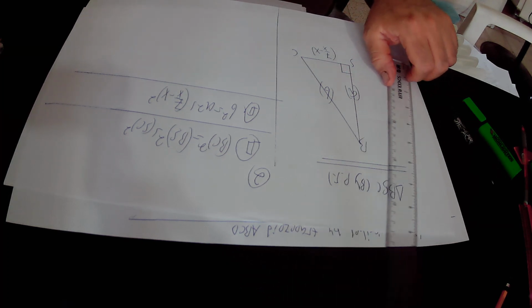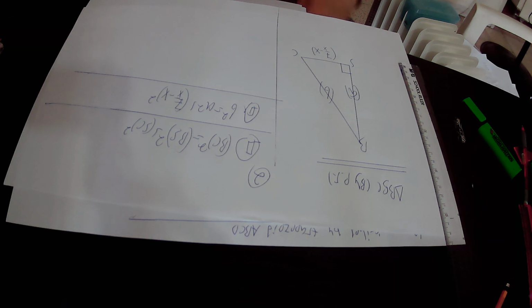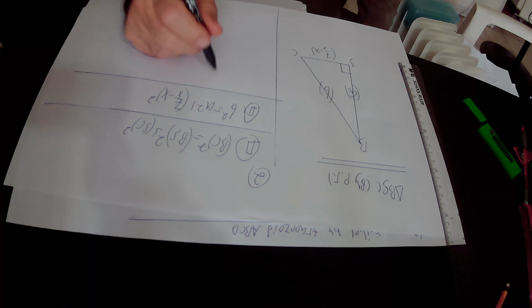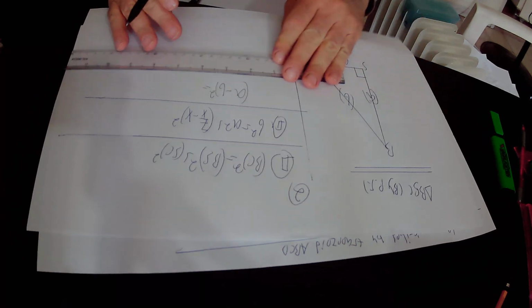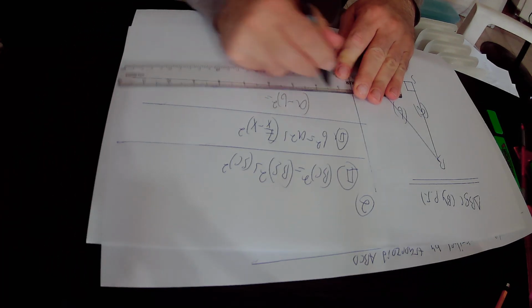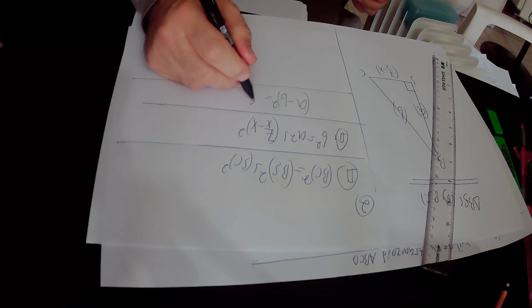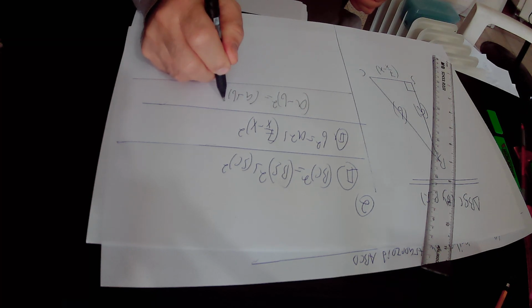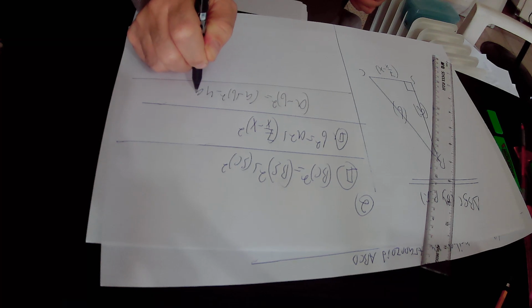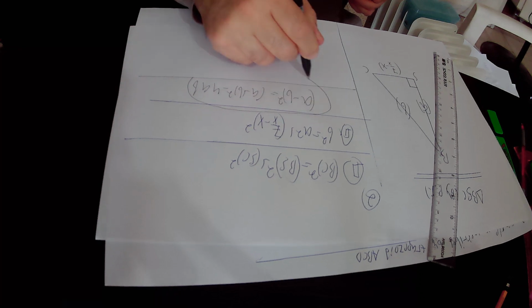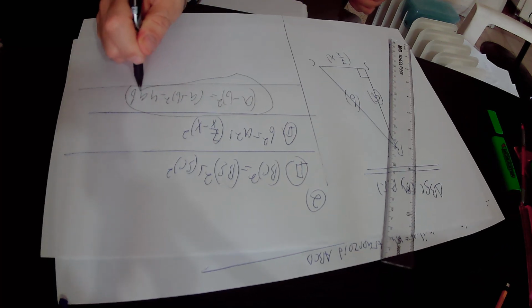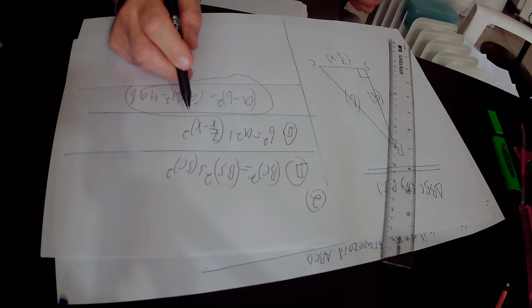So we use the following algebraic identity that states that (A minus B) squared is equal to (A plus B) squared minus 4 times AB. So we use this algebraic identity for this expression (7 over X minus X) squared.